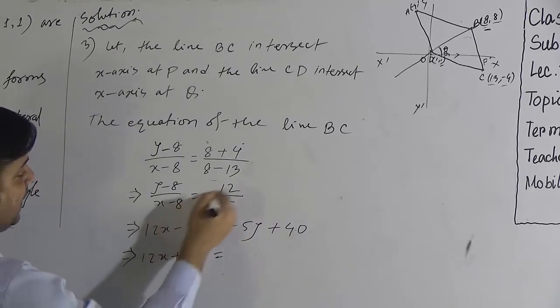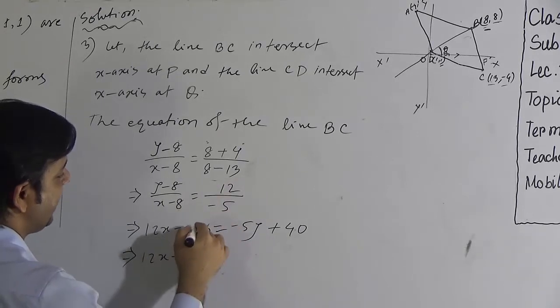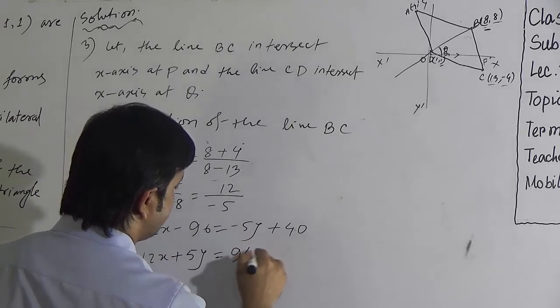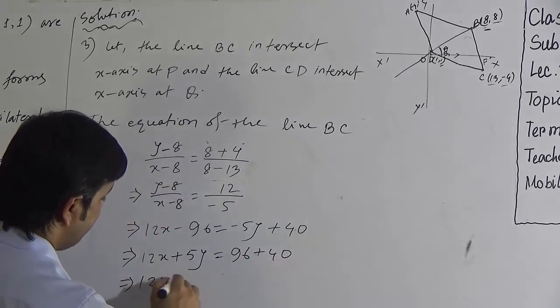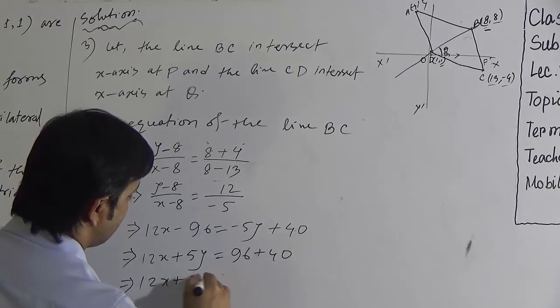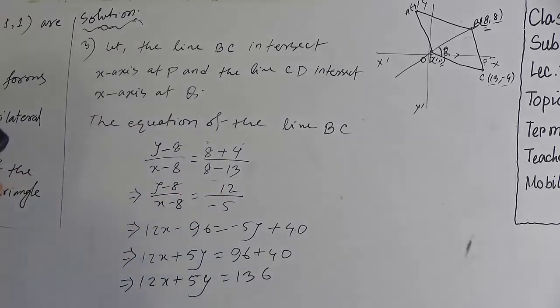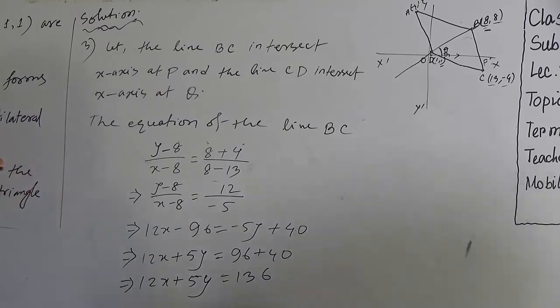I have to multiply 8 by 12, which is 96. So 96 plus 40 is 136. 12x plus 5y is equal to 136. Dear students, this is the equation of the straight line BC.